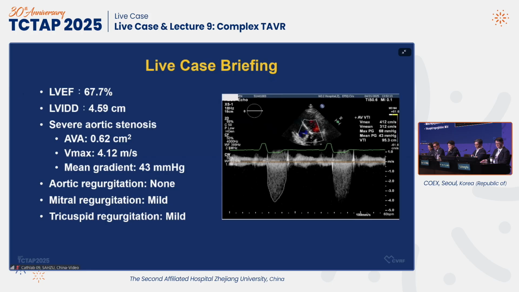The valve area is about 0.6 square centimeters, the maximum velocity is over 4 meters per second, the mean gradient is 43 mmHg, and the LVEF is about 68%, and the left ventricle is not so large.